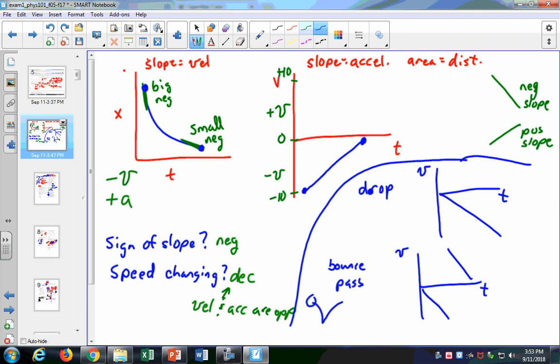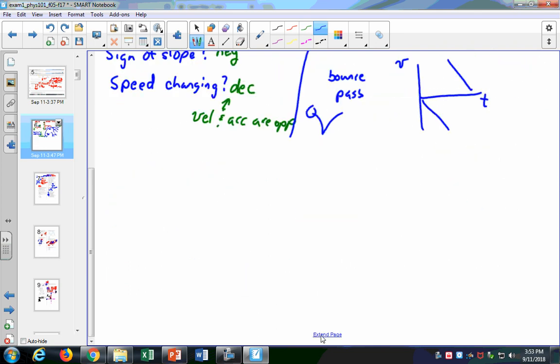And then just the pass, that's where you're just throwing a ball like this. Looks like that, the V versus T. Where this is the top of the trajectory.